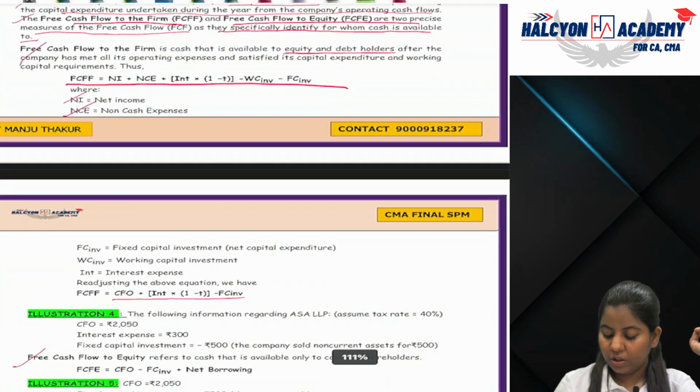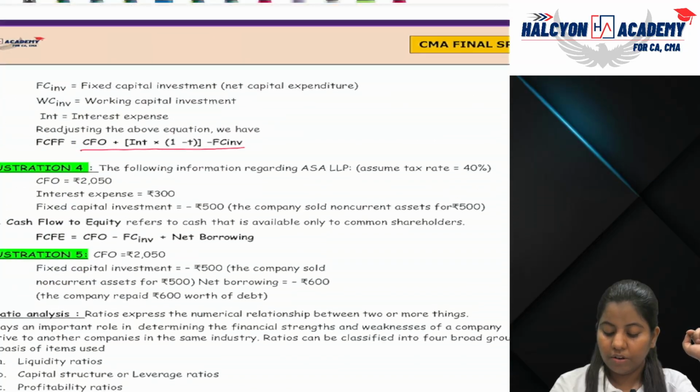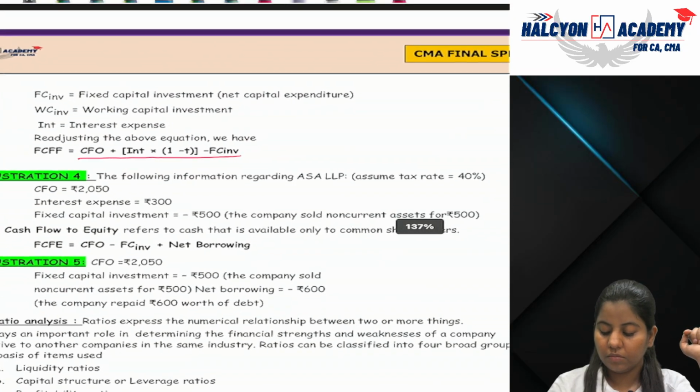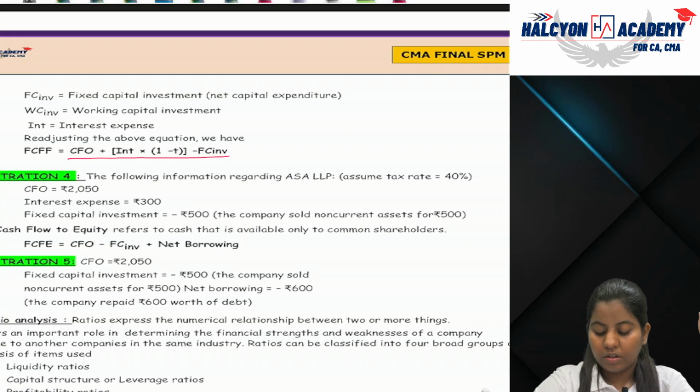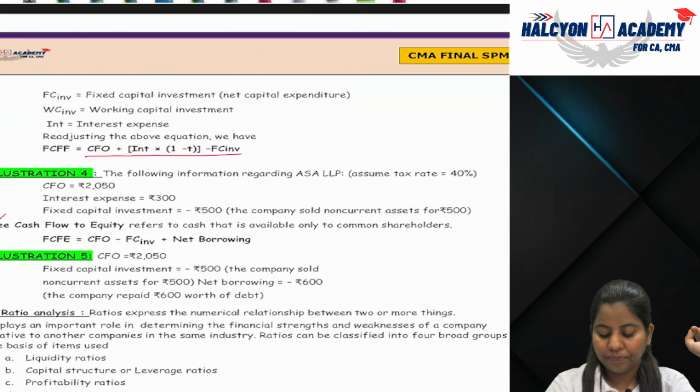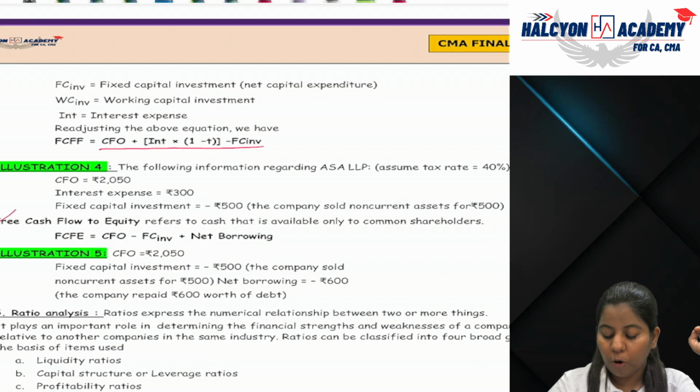Okay, so let's come to illustration number 4. The following information regarding ASA LLP is given. Here it is given cash flow from operations.